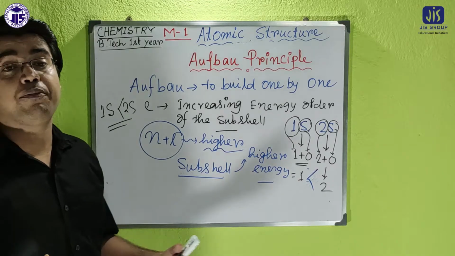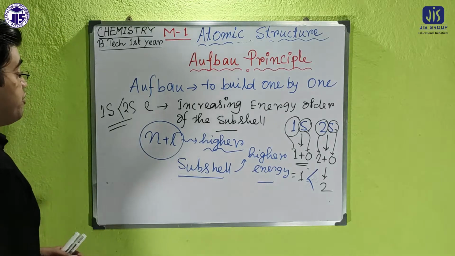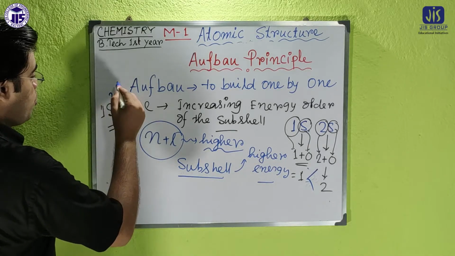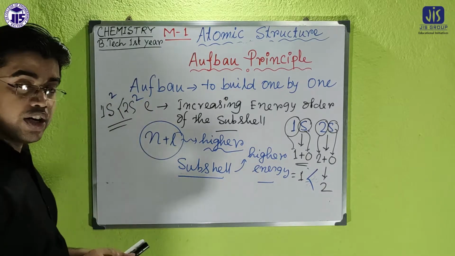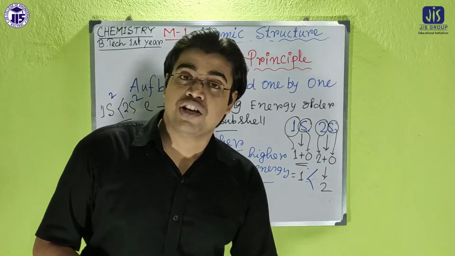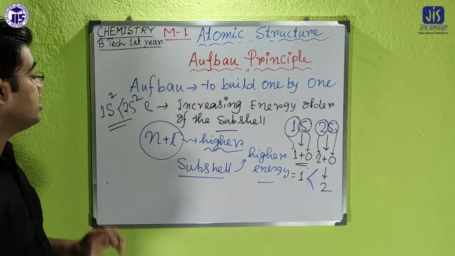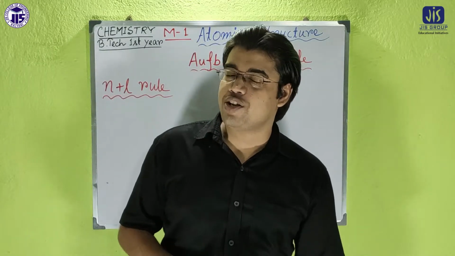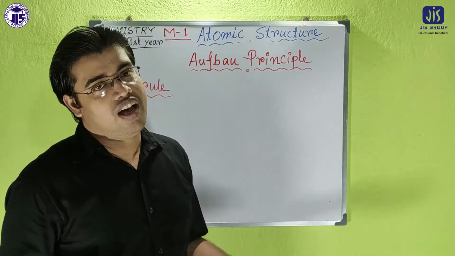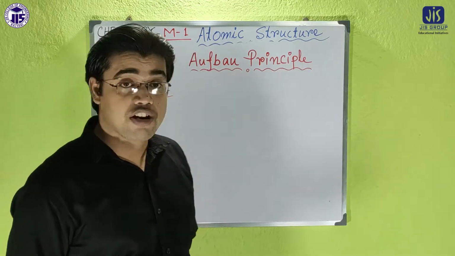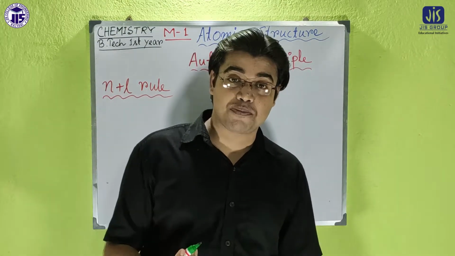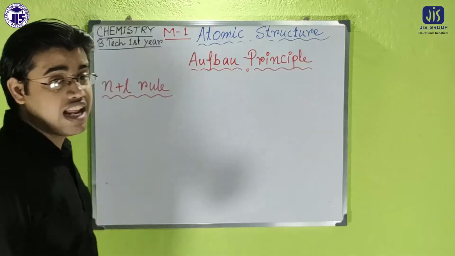So you put the electrons at first in 1s, like 1s2, then 2s2. In that way, we can continue the electronic configuration. I can give you another example where you can predict the electronic configuration, or how you can put the electrons into the subshells one by one from the n plus L value.